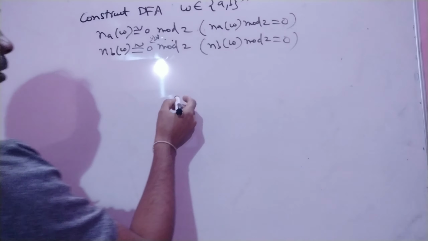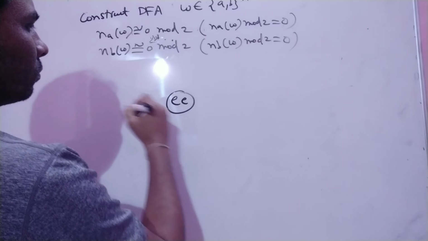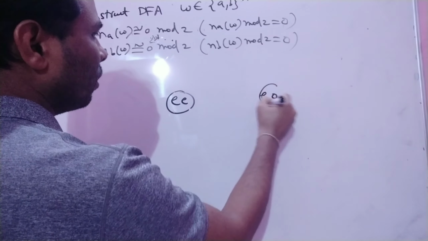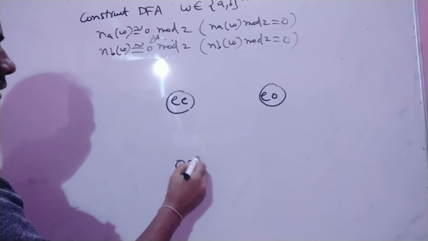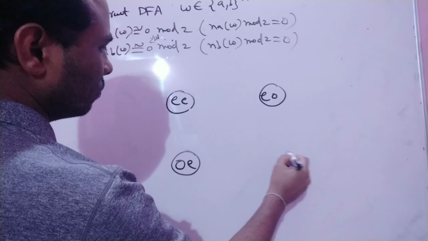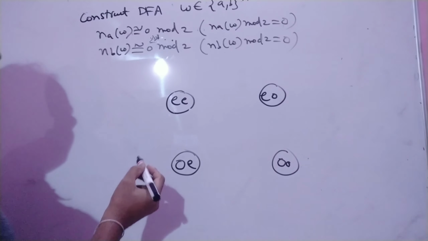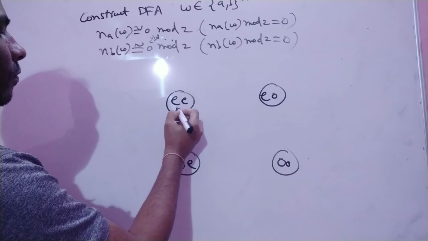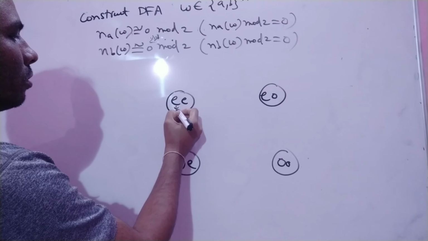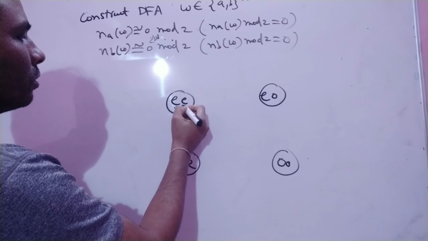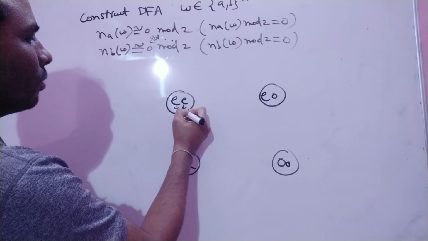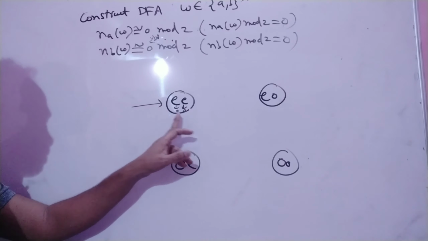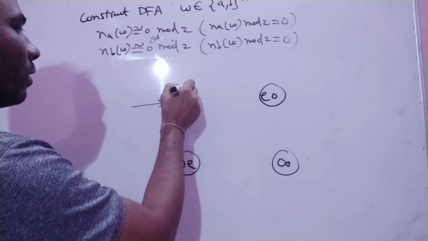I am writing the states here: even-even, even-odd, and so on. Even-even means 0 a's and 0 b's. For example, when you start, 0 a's and 0 b's is nothing but epsilon, which is accepted.